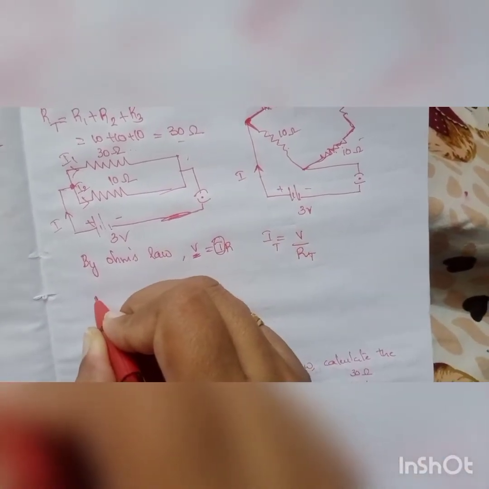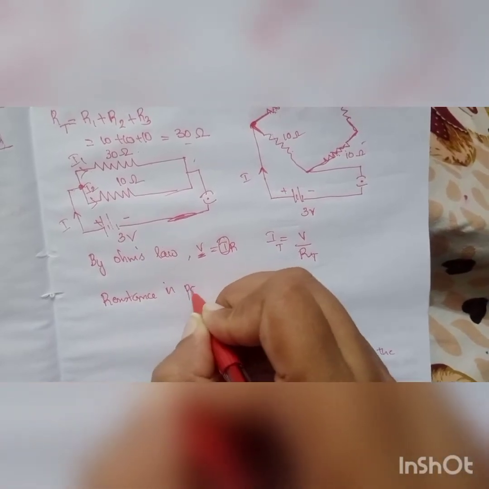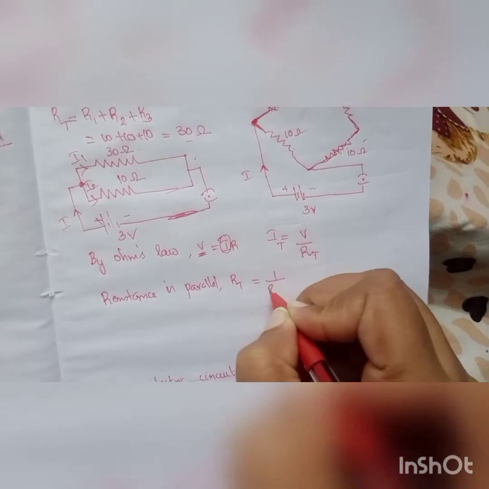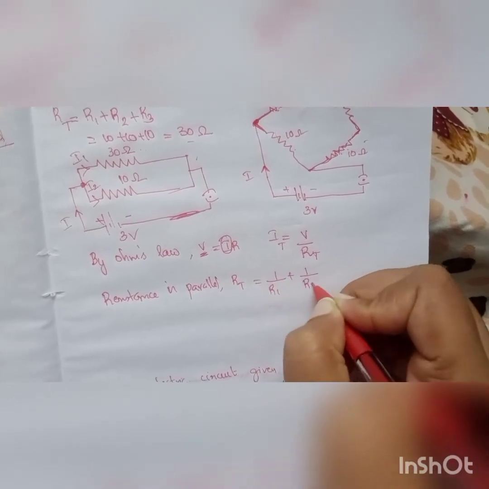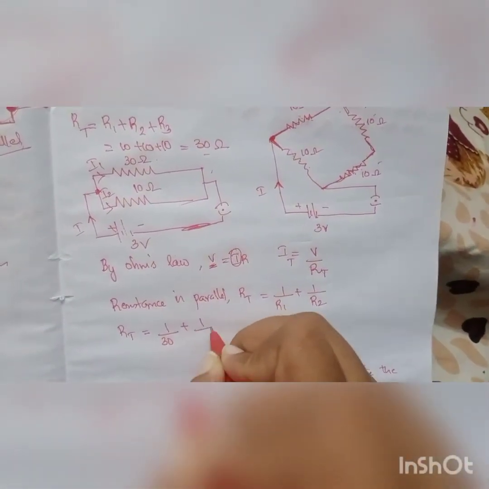For resistance in parallel, the total resistance RT will be given by 1 by RT is equal to 1 by R1 plus 1 by R2. So 1 by RT is equal to 1 by 30 plus 1 by 10.